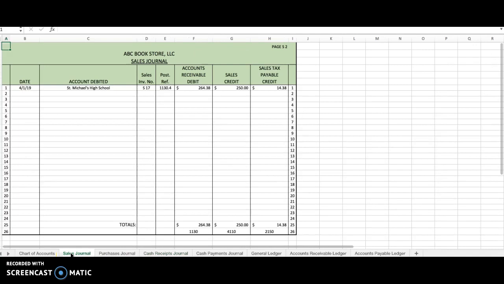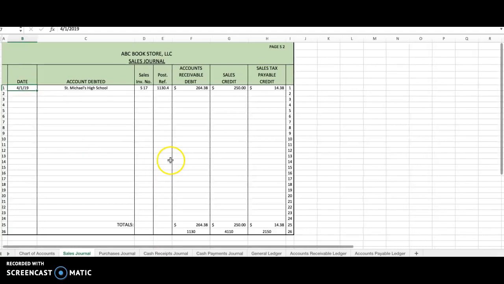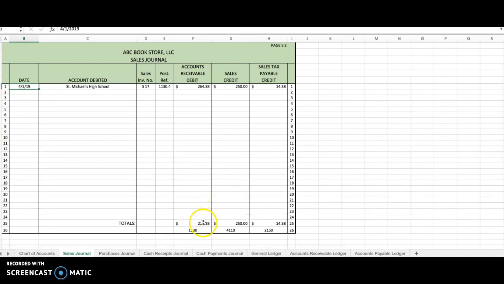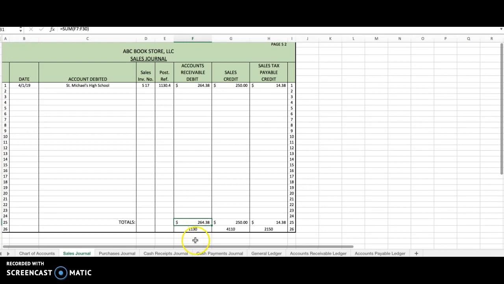So we'll make it very simple. But if this is the only entry for the day of April the 1st, 2019, we not only will post what we can here, but also post the total for the day. Since there's only one entry, there's only one total, one simple entry that impacts the total.